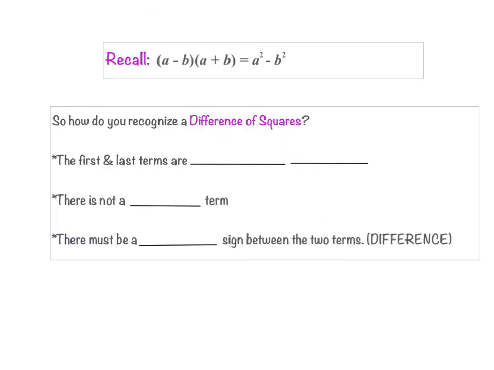Our other special product was the result of the sum and difference pattern. Okay, so when we multiply a sum and a difference, which means everything's the same except for the sign between, our answer is called a difference of squares.